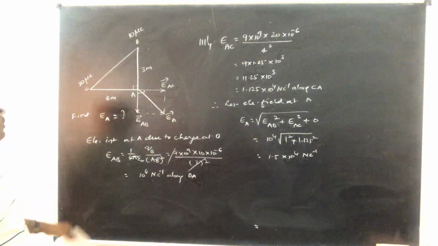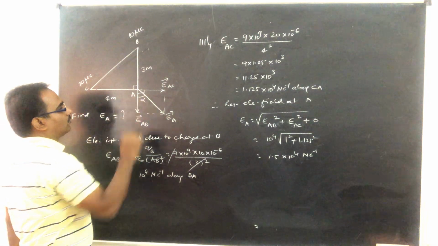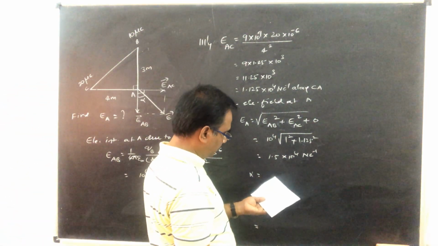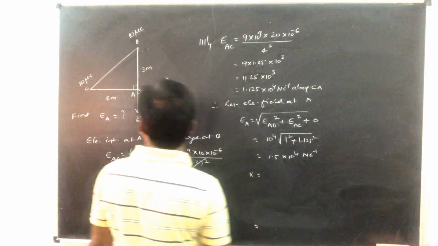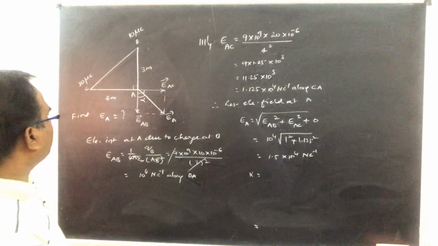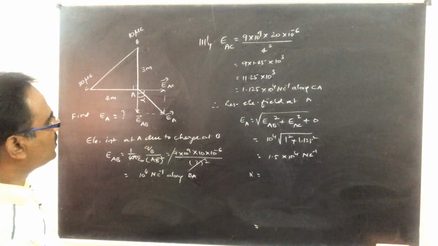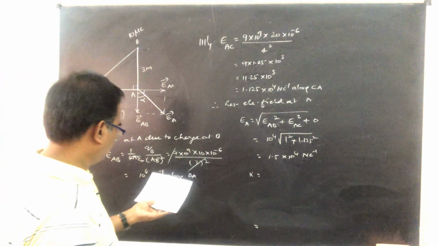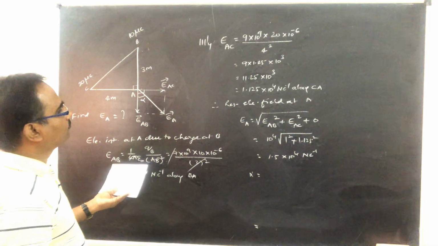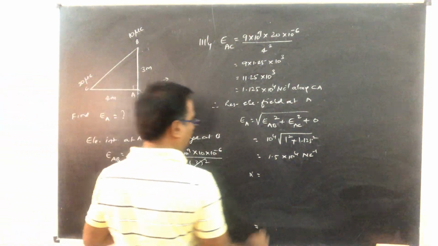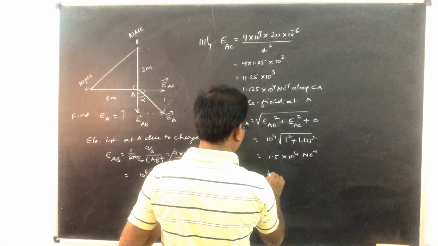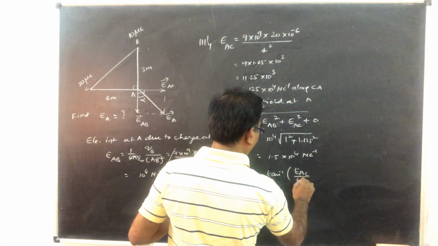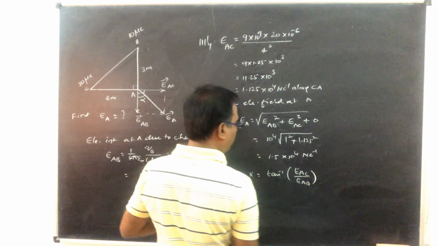Now if I take this as alpha, this alpha is EAC divided by EAB, tan alpha.